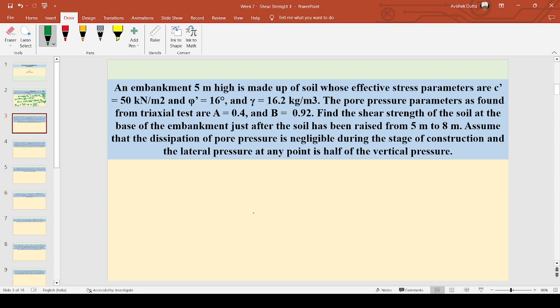First of all, due to the increment in height, there will be an increment in the vertical stress, del sigma 1, which equals gamma into change in height, del H, equal to 16.2 into 8 minus 5, that is 16.2 into 3, equals 48.6. The value will be in kilonewton per meter square.